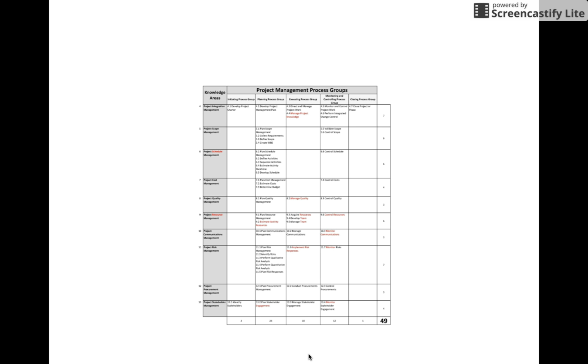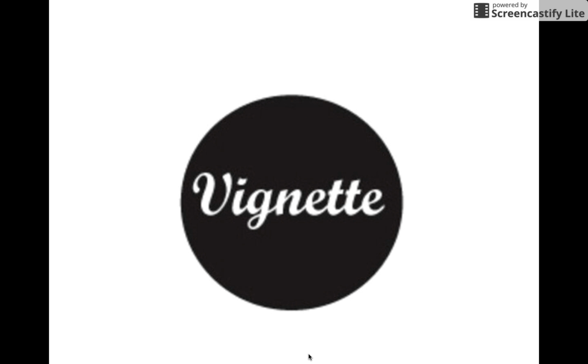And in the project management process groups, we have 5 groups. And there in the middle, we have 49 activities that are related to each of the different knowledge areas and process groups. And we'll be looking at that closer as we get into the next chapter.